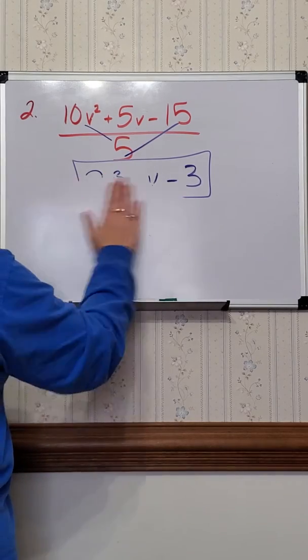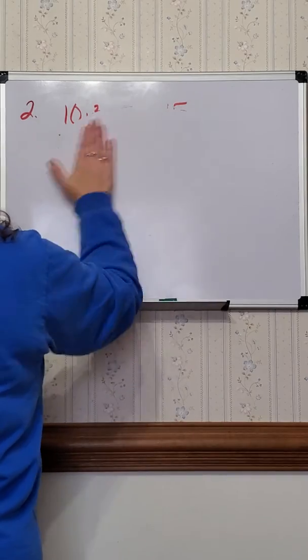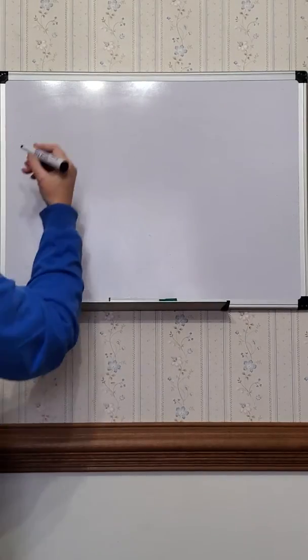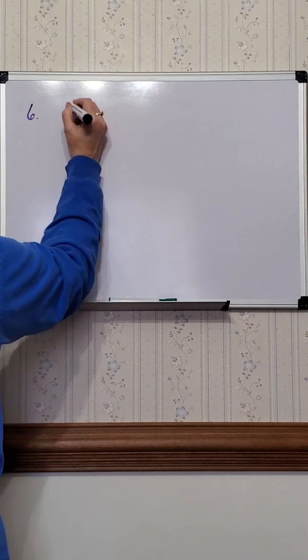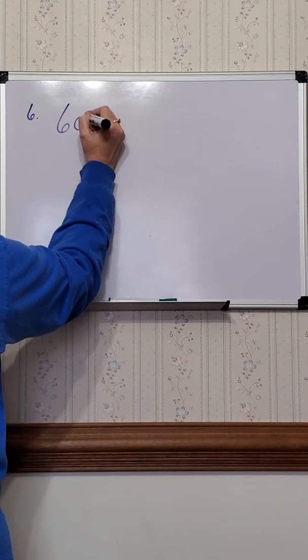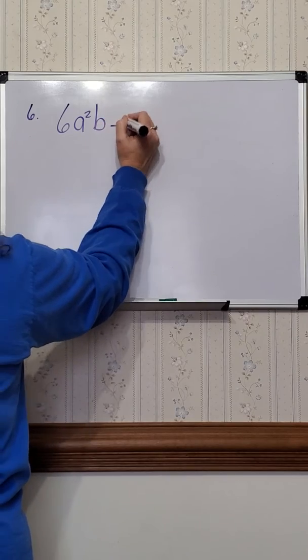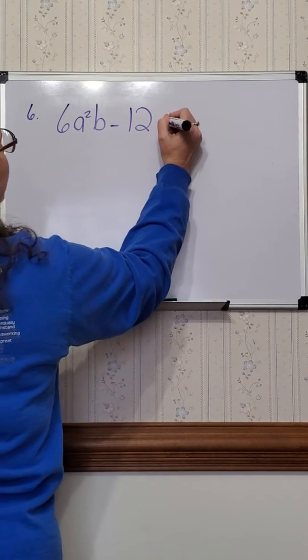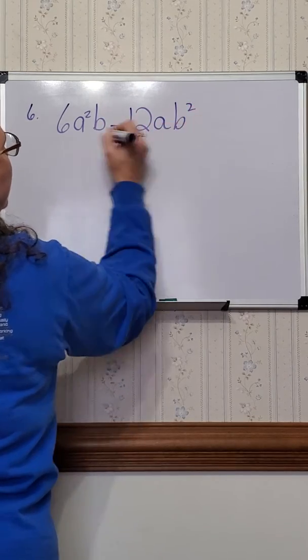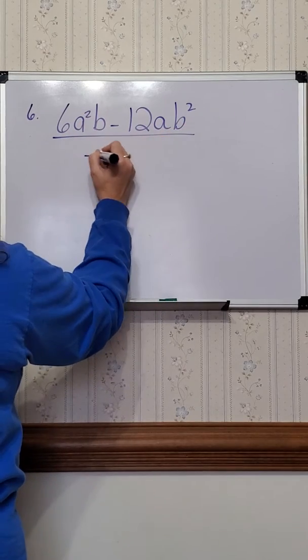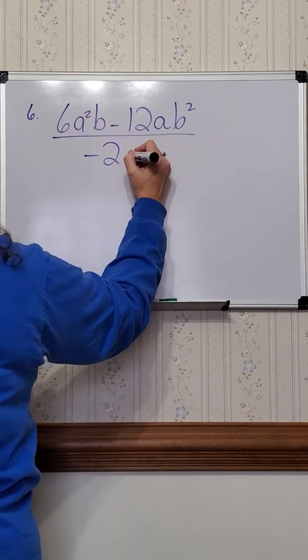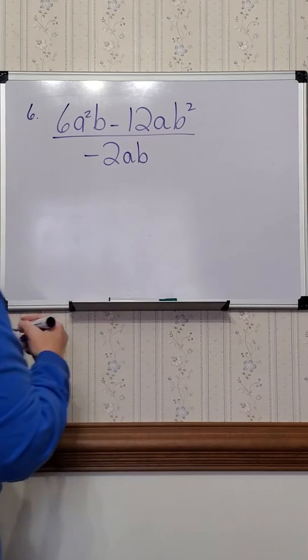Let's go ahead and look at 6. So for number 6, we've got 6a squared b minus 12ab squared. And we are dividing this by a negative 2ab.